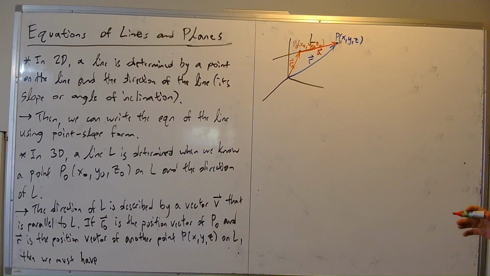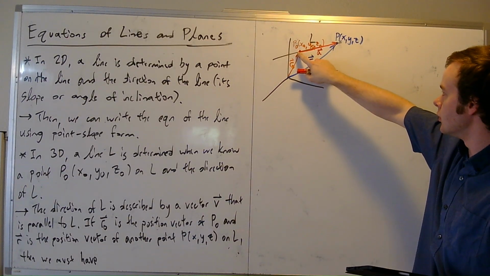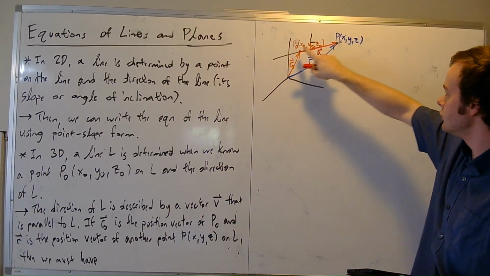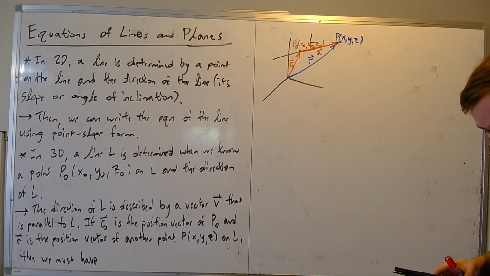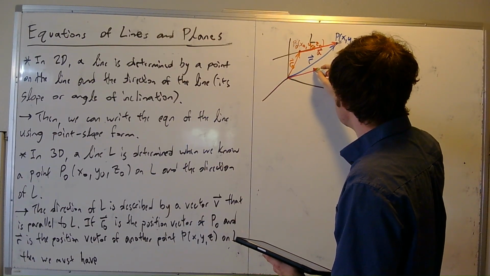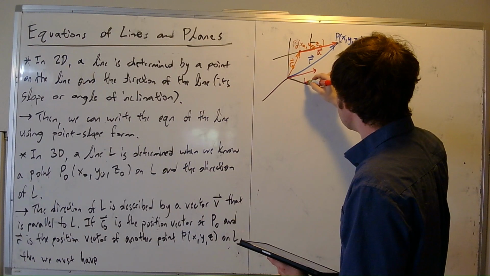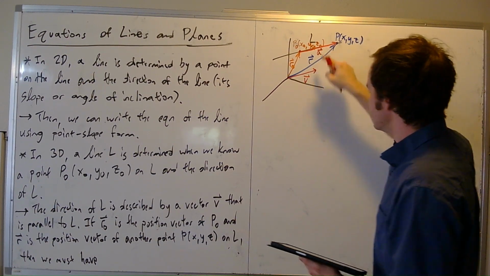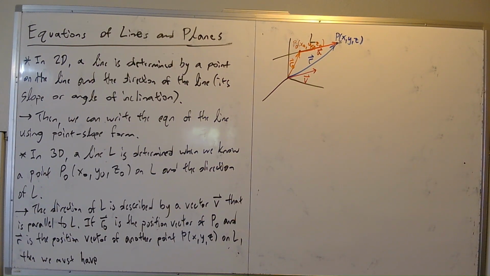So that's the position vector between P0 and P. And we said that V is going to be some vector parallel to the line. Okay.